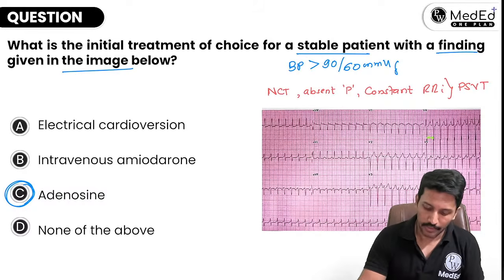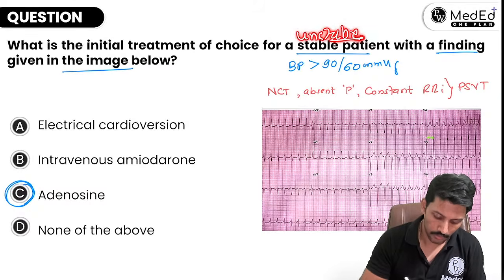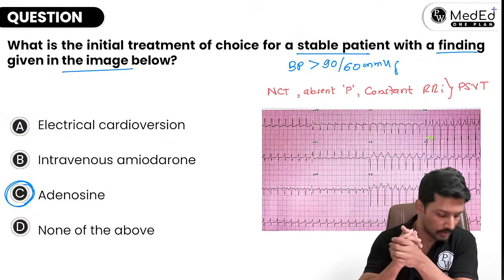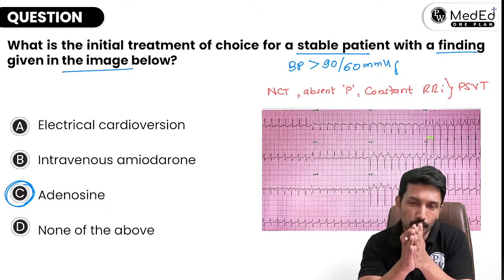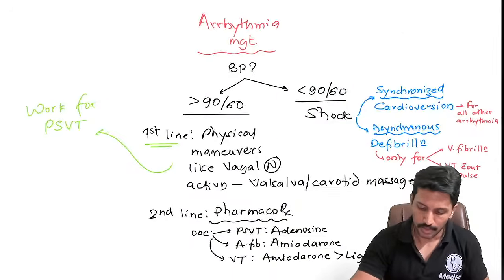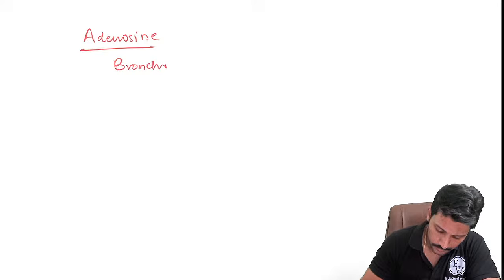Okay. But if I had mentioned that BP is low or the patient is unstable, then I would go ahead with electrical cardioversion. Adenosine is a bronchoconstrictor, as one of you pointed out. So when you have asthma or COPD, you have to avoid adenosine. So let me add that note. Adenosine can cause bronchoconstriction.